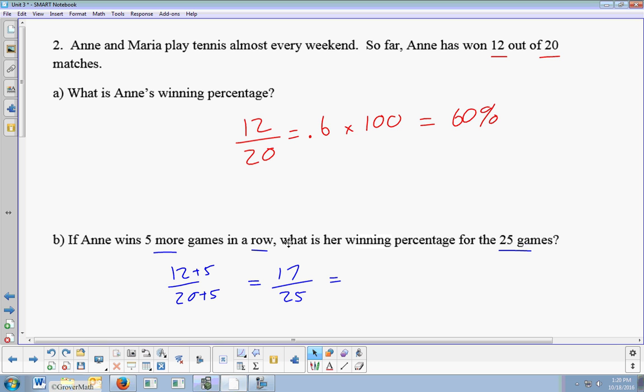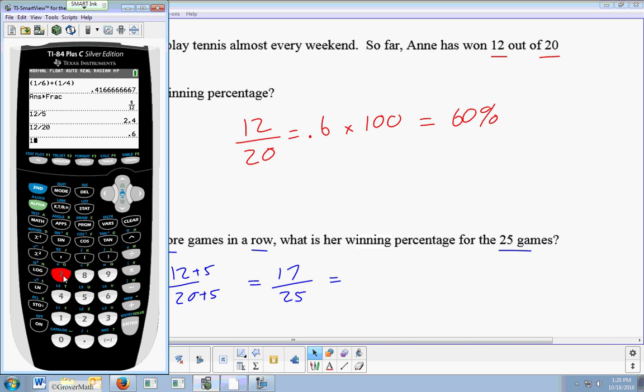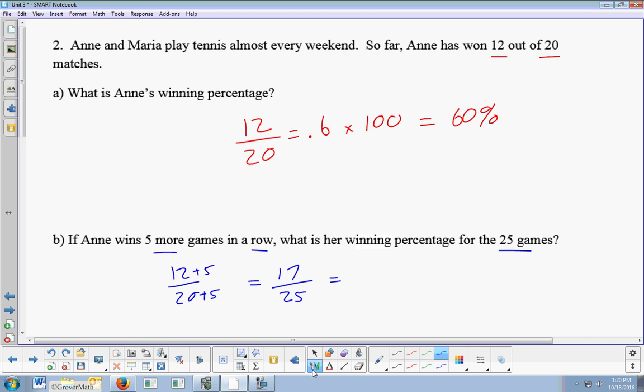Now, she won 5 games in a row, so we should expect it to be higher than 60%. 17 out of 25 is higher than 60%. It is 0.68, which we times 100 to get 68%. Times 100, what's really happening is you're moving the decimal point over 2 spots.